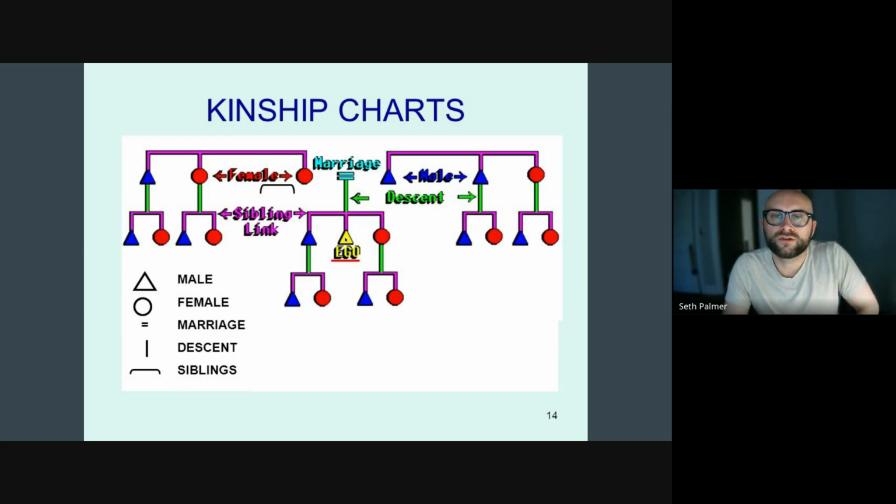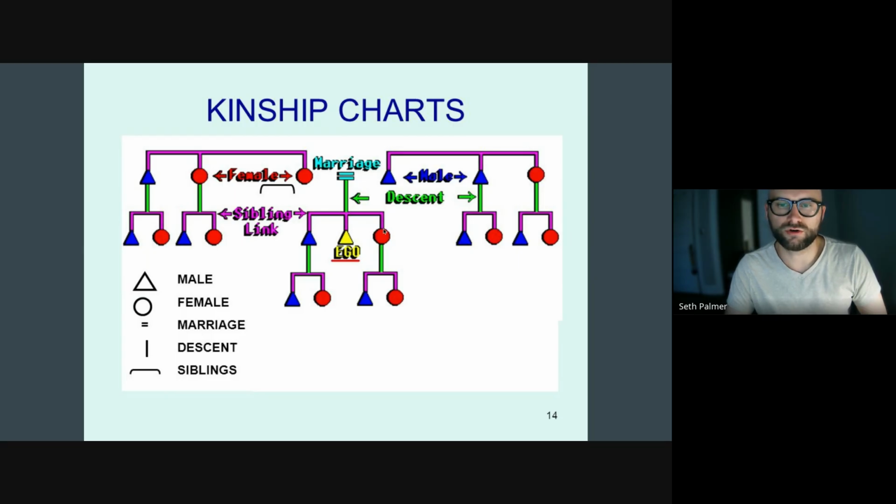So who is this triangle at the top of the chart? The triangle connected to the marriage sign. Who is that triangle in relationship to ego? Well, that's ego's father there, right? Ego's father married ego's mother, and then you go down to see their children.